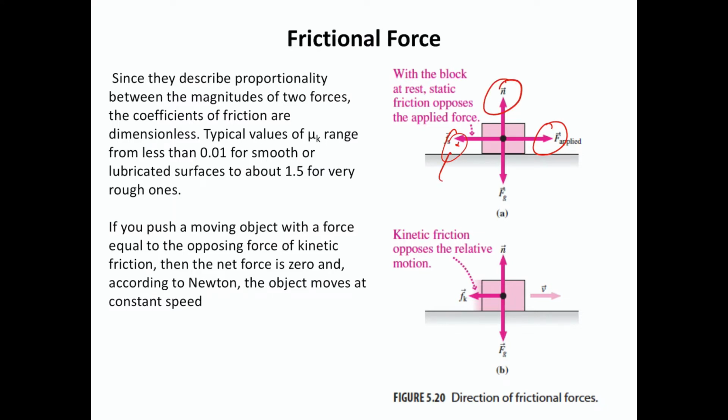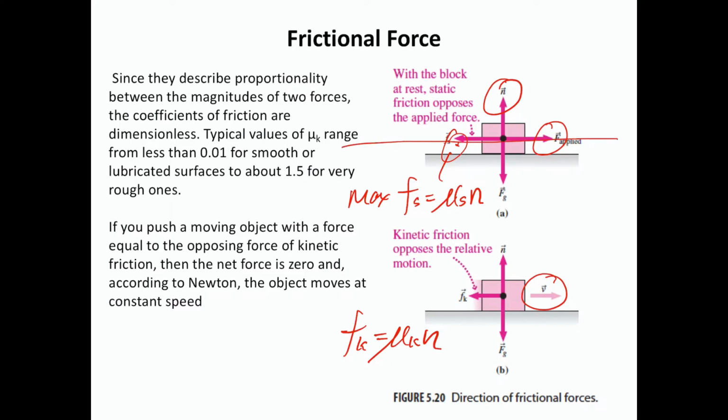You see, therefore, this one, F static, the maximum is mu s times the normal force. Once this one is moving, the kinetic one is always constant with this one. That's how I say the horizontal force, the friction, depends on the vertical component.